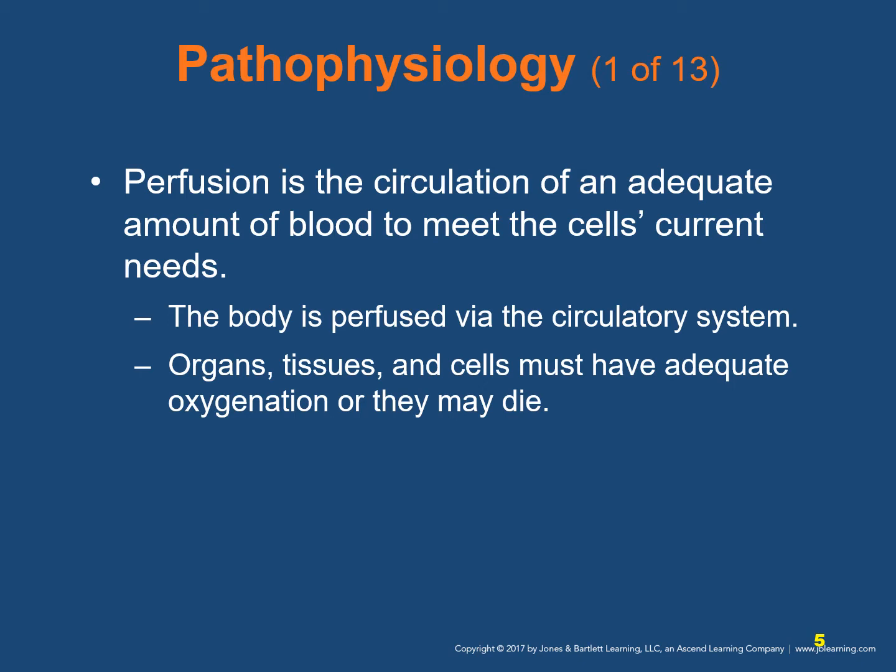In the systemic circulation, as blood passes through the tissues and organs, it delivers oxygen and nutrients. Adequate perfusion is also important for the removal of waste products, such as carbon dioxide, which is picked up from the cells as the blood circulates through the organs and returns to the heart and lungs. Organs, tissues, and cells must have adequate oxygenation or they may die.